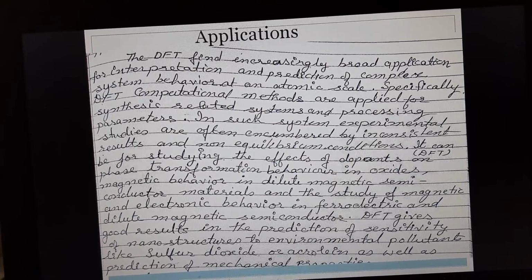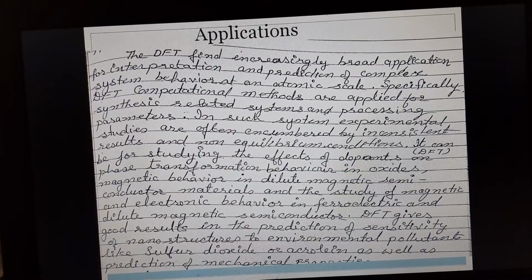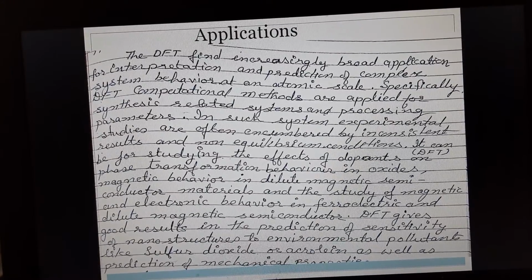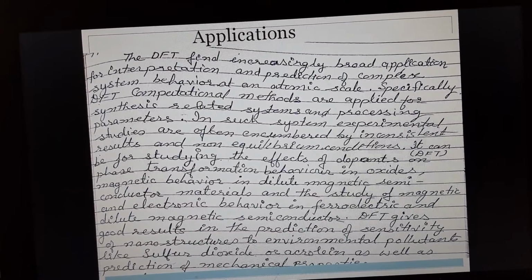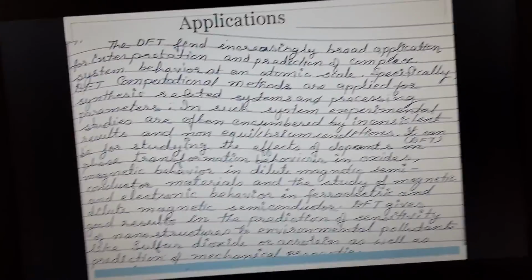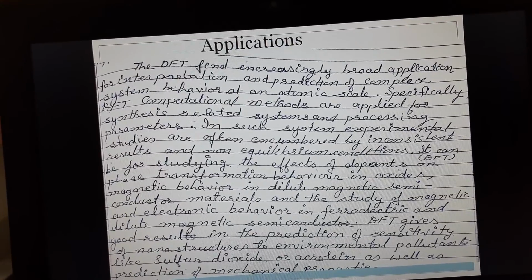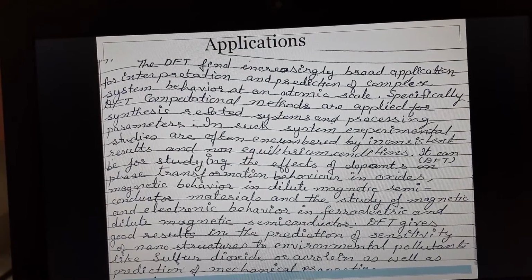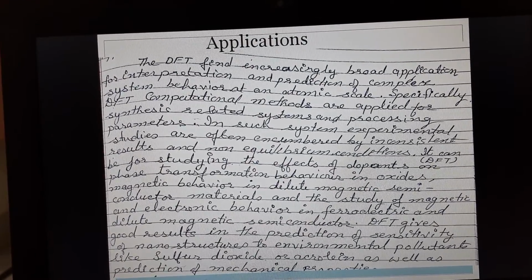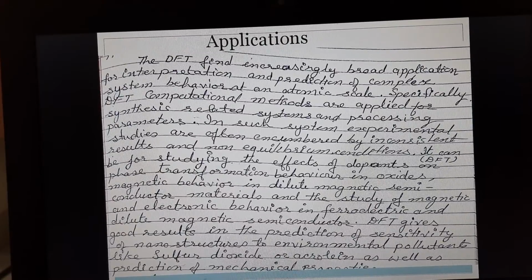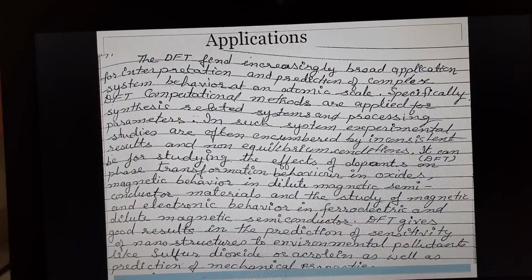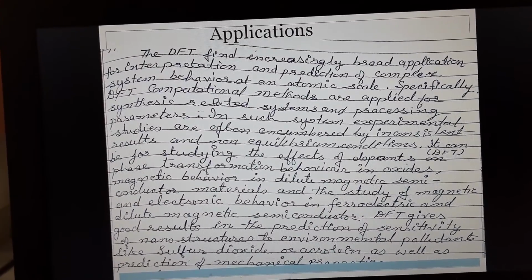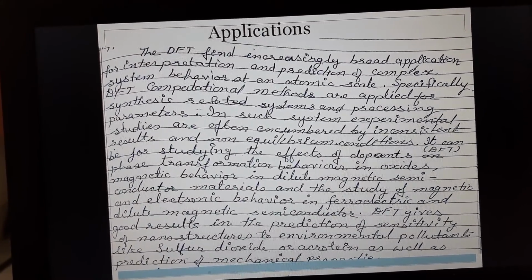Applications. DFT finds increasingly broad application for interpretation and prediction of complex system behavior at an atomic scale. Specifically, DFT computational methods are applied for synthesis-related systems and processing parameters.